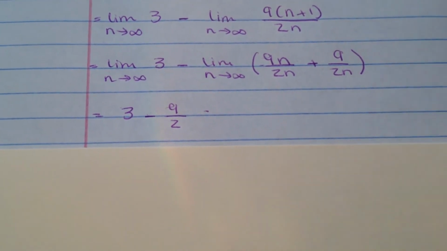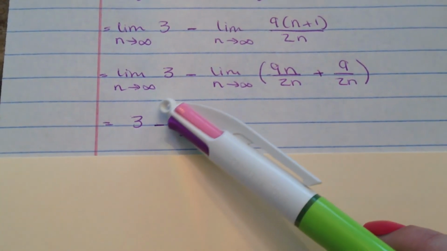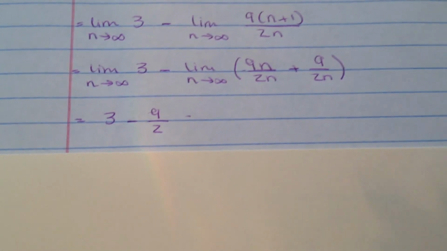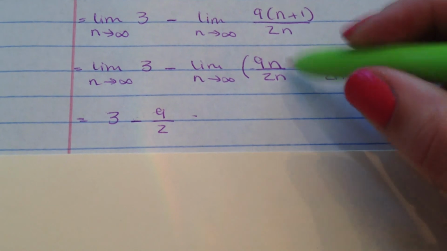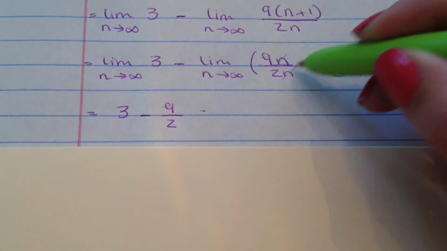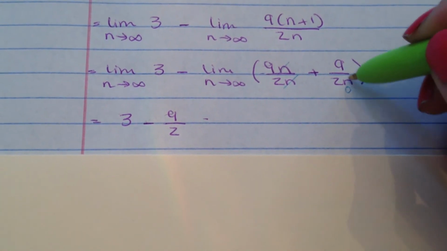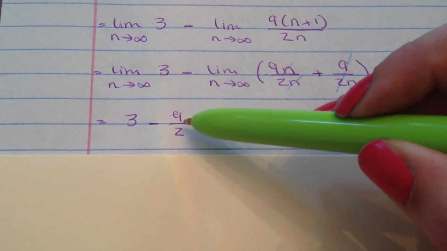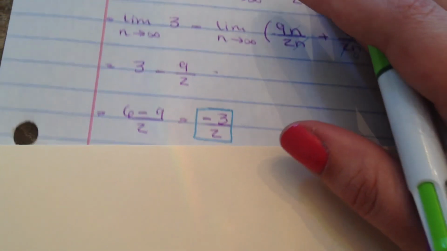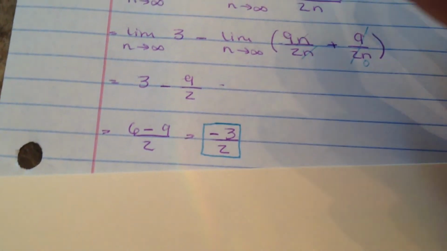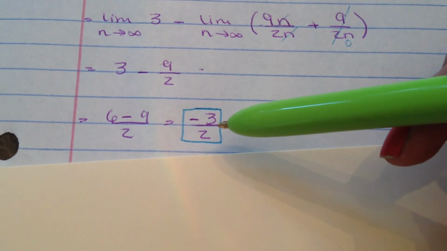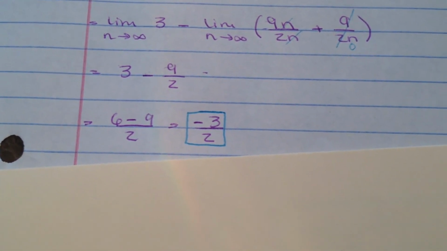And then the limit of 3 is 3, and this one goes to 0, and we take out n from here and n here, and then this would be 0, so it cancels the whole thing. So it's 3 minus 9 divided by 2, and then it's 6 minus 9 divided by 2, which is going to be negative 3 divided by 2, and that's the answer.